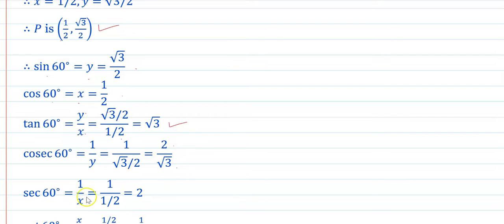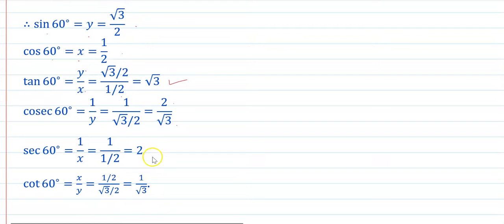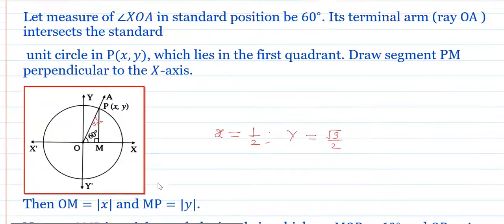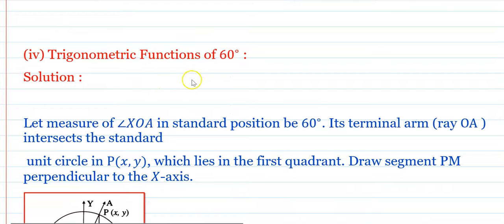Sec 60 is 1 upon x, 1 upon 1 by 2. It's a reciprocal, that is equal to 2. Cot 60 is x upon y. x is 1 by 2 and y is root 3 by 2. 2 gets cancelled and you are getting 1 upon root 3. And these are the values of the trigonometric functions at the angle 60 degree.